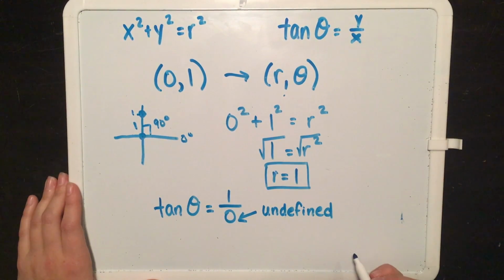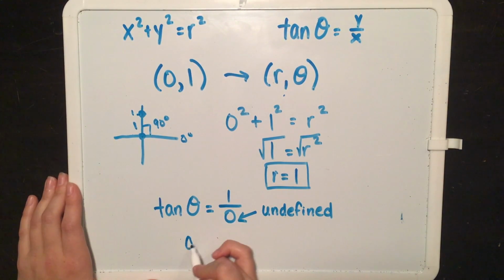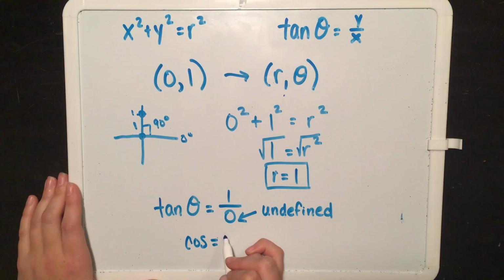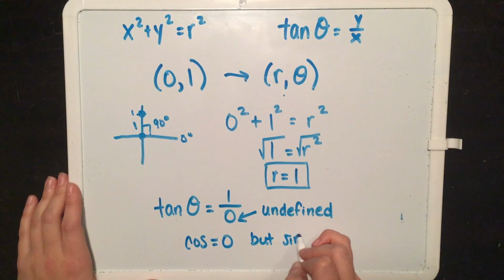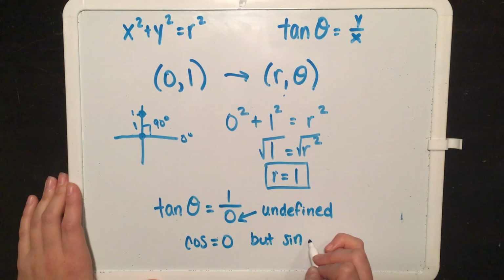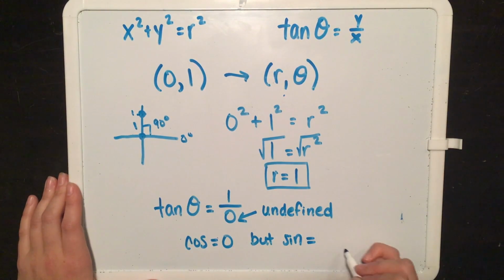Using the unit circle, we know that the tangent of theta is undefined when cosine equals 0, but sine equals anything other than 0.